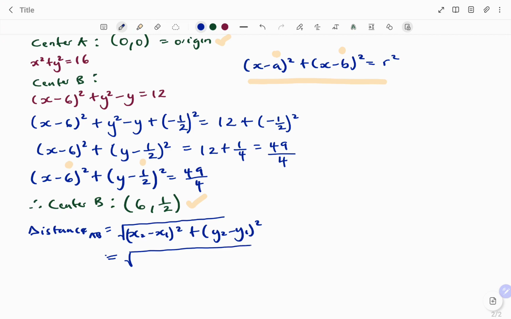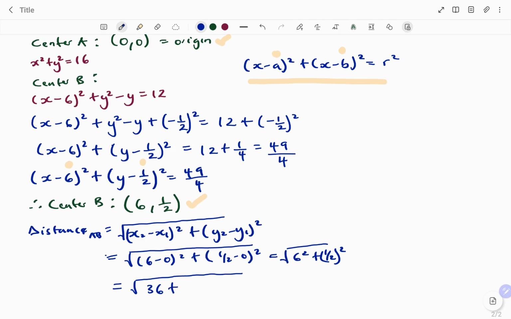That's equal to the square root of 6 minus 0 all squared plus half minus 0 all squared, which is the square root of 6 squared plus 1 over 2 squared. That's equal to 36 plus 1 over 4, and that will be 6.02 units.